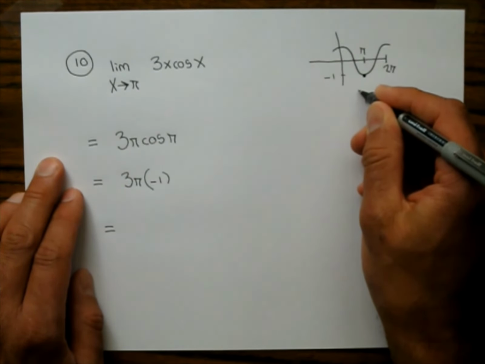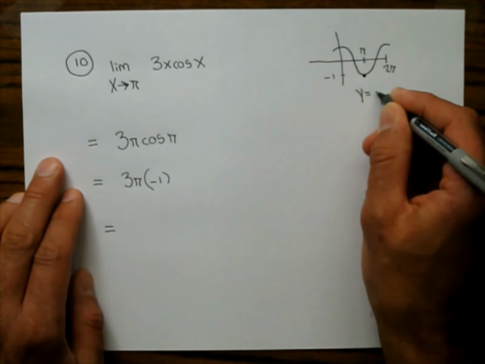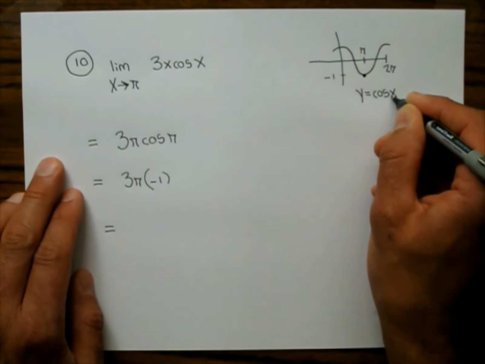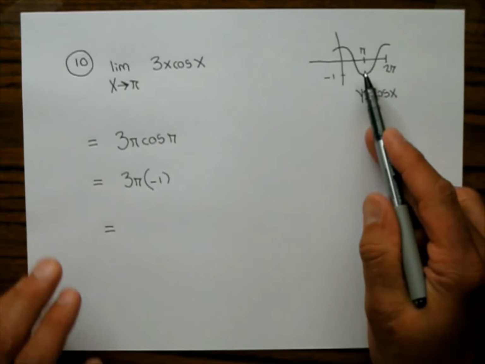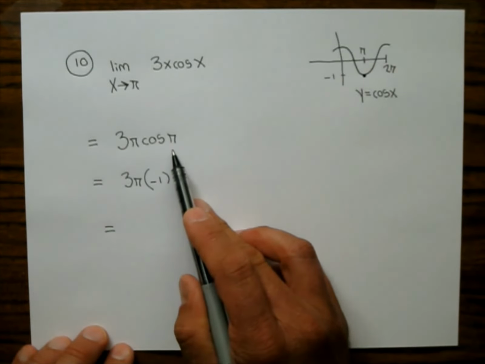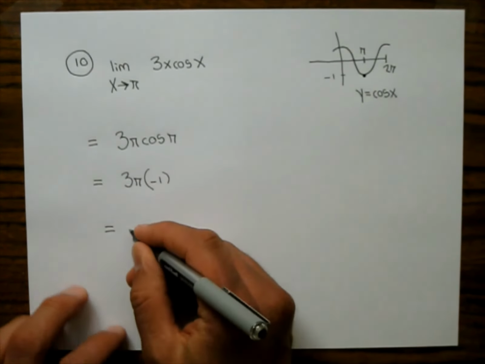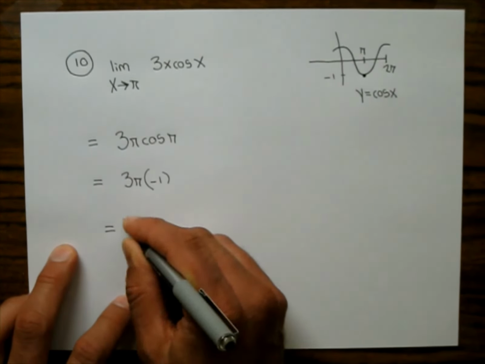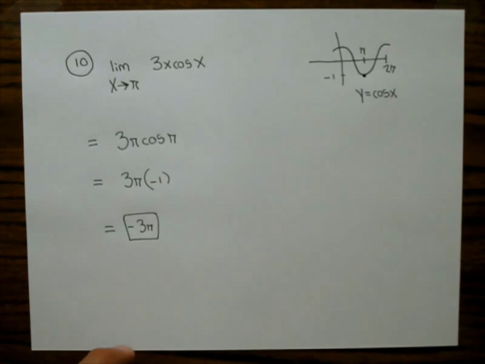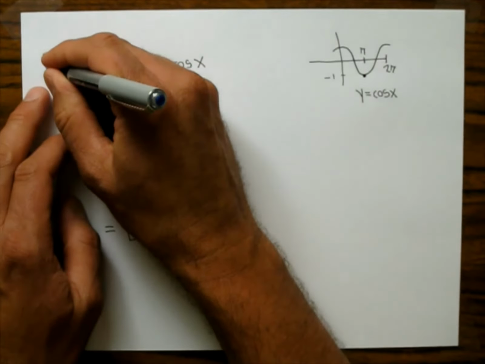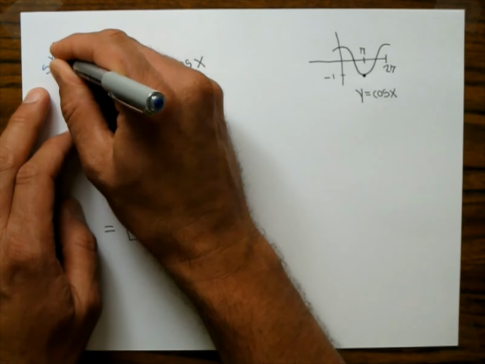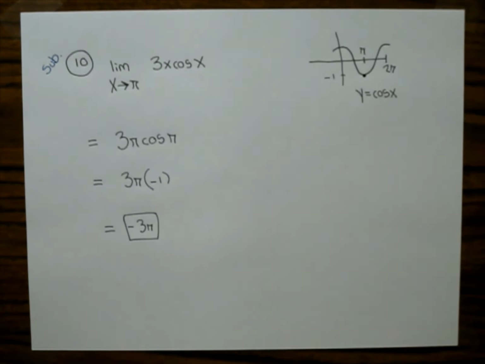This is just the simple graph of y equals cosine x, because then it helps me recall what this cosine of pi is. So I end up getting -3 pi for the answer, and this right here was just a substitution. But it had some trig in it, and that's why I did it. In case you get a few problems with trig in it, just be prepared psychologically for that.